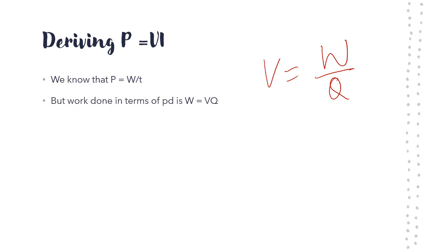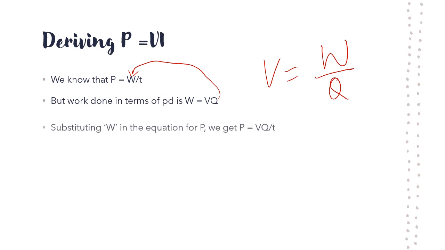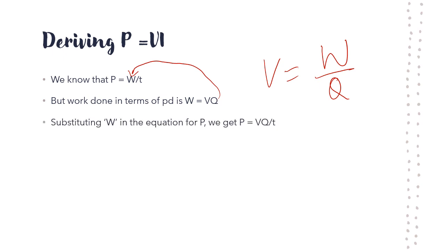And when we did the potential difference, we said potential difference is the work done per unit charge, and that V equals W over Q. So from that, we can say that W equals V times Q. If I put that value of W in the equation for power, I will get power equals VQ divided by T. Now what is Q divided by T?